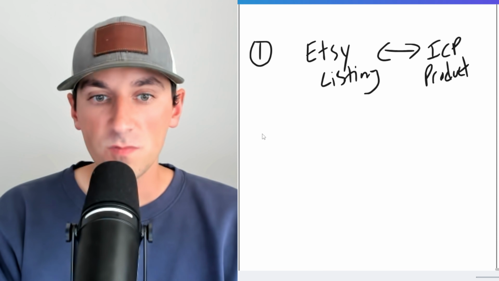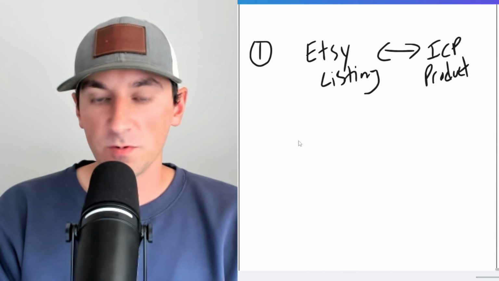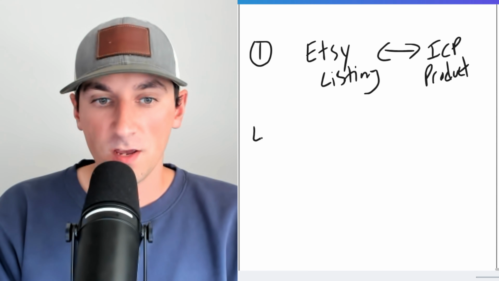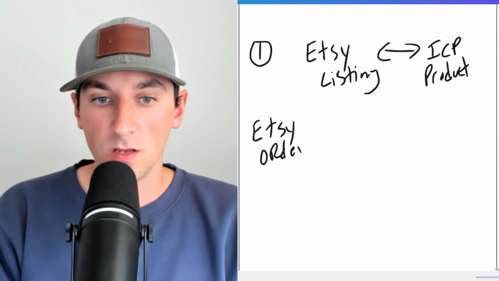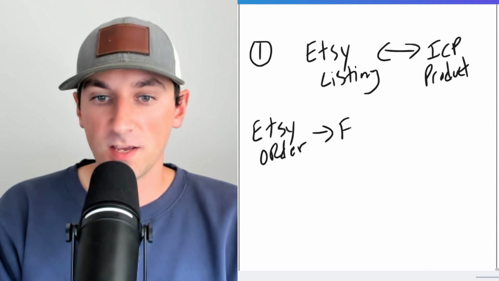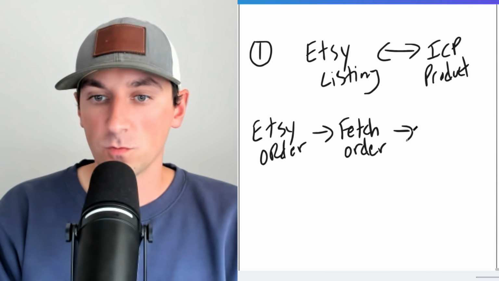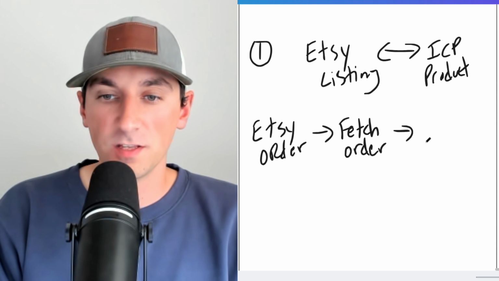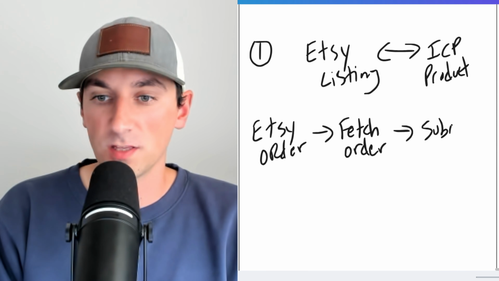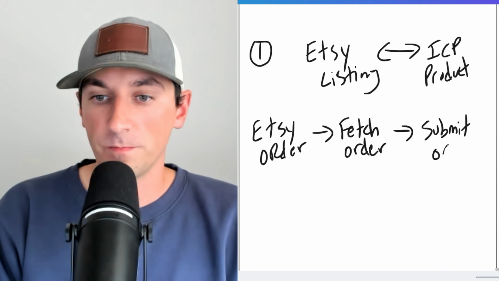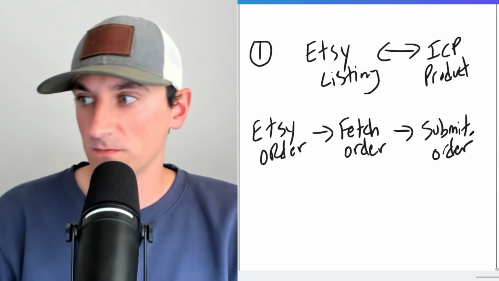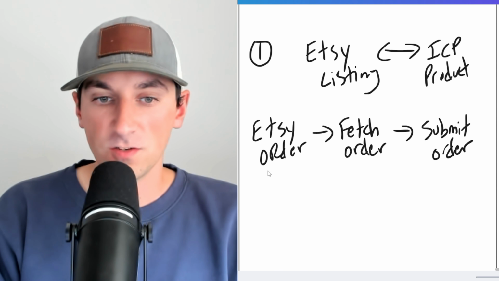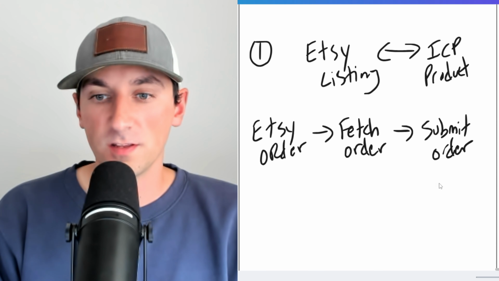But to go a little further, the typical process when you receive an order is you'll get an Etsy order. We're going to fetch that order on Inner Circle Prints, so the order shows up. We're going to do some personalization, update the graphic, and then we're eventually going to submit that order. So that's the normal workflow. It involves the Etsy order coming in, then fetching the order, and then submitting the order.